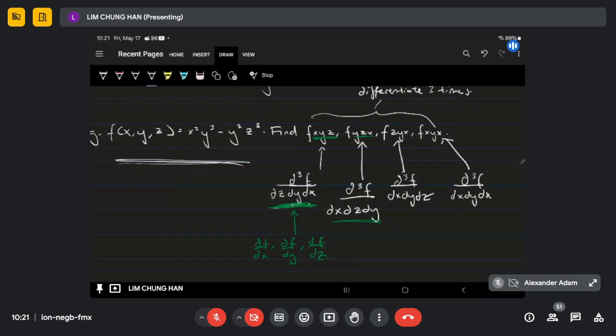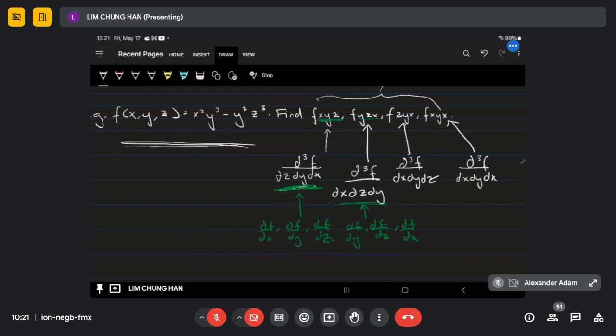This one I want you to do df dy, df dz, and then df dx. So the rest you know lah. I don't have to write it up. So you understand what's happening? Yes. Okay, good. So let's tackle the first one.